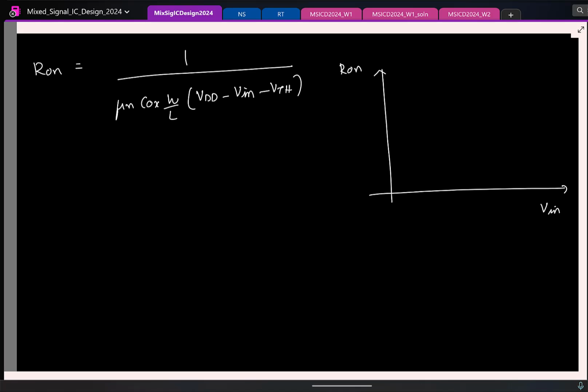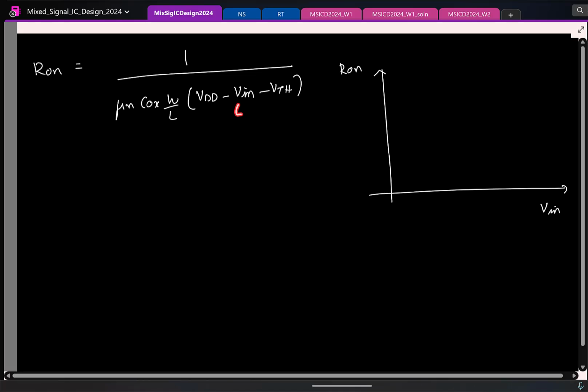R on increases or decreases? If I keep increasing Vin, this term reduces, so the fraction increases. And as Vin approaches VDD minus VTH, it tangentially goes here.